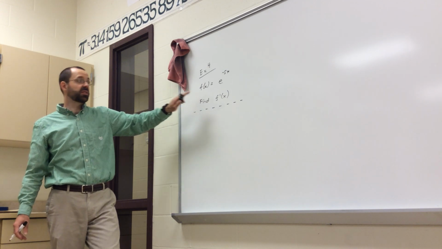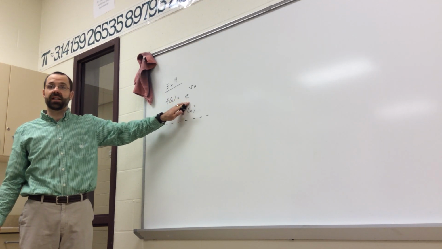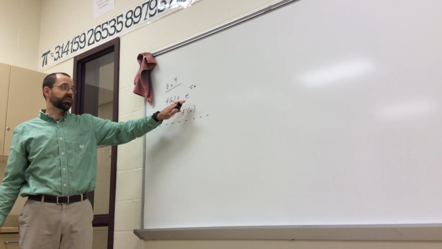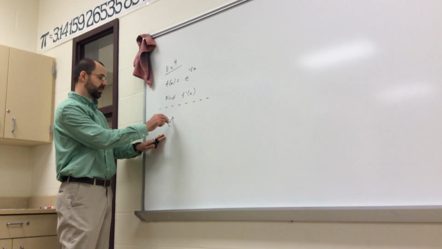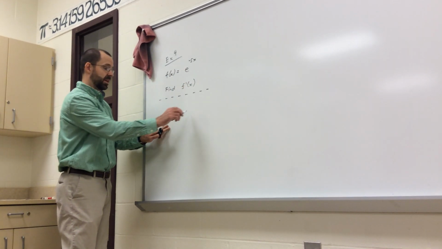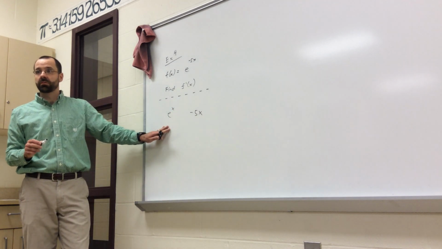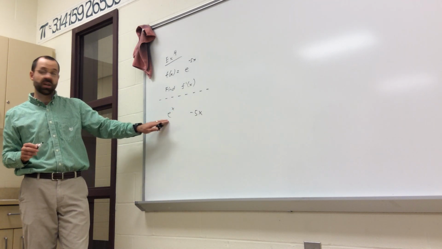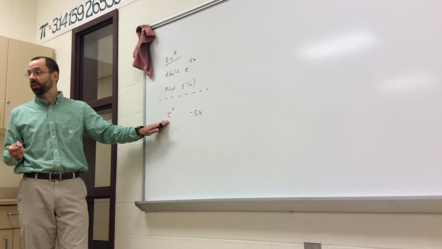But this is a composition. And it's hard for people to see that at first. Okay, so this is the function e to the x with negative 5x plugged into it. So if you have the function e to the x and you put 2 into it, then it's e squared. Or if you put 7 into it, it's e to the 7th.